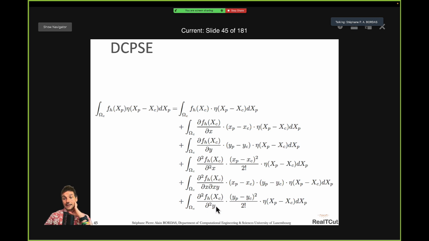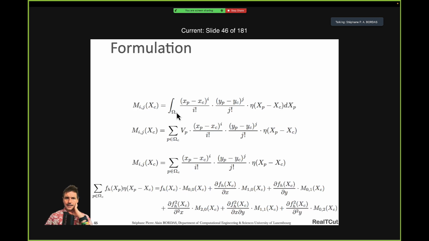All right. Okay, so now what we do is we write it as some sort of integral, right? Instead of writing it as a simple sum. So then we end up with some sort of, let's say, moment matrix, Mij, and that moment matrix we use directly in order to identify or to compute the coefficients that we need.